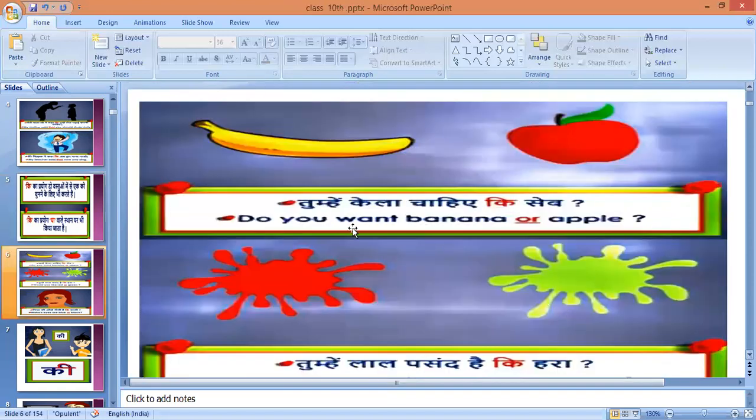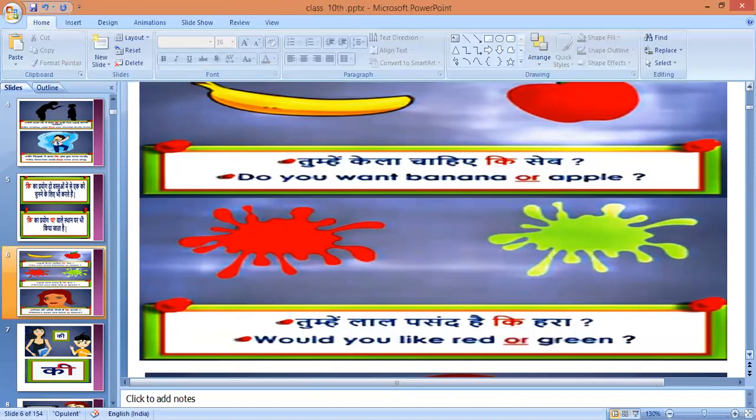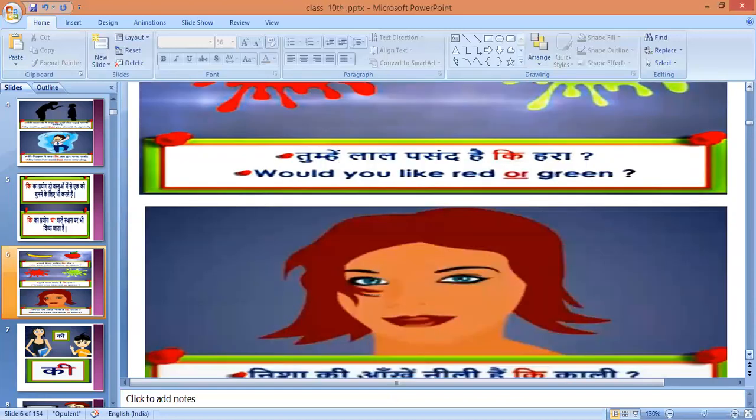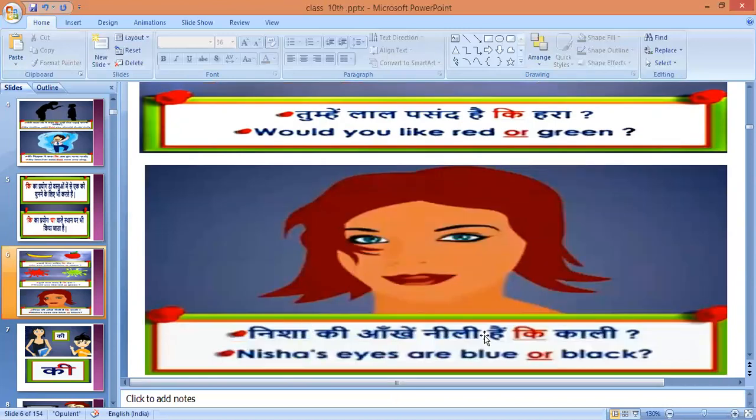तुम्हें केला चाहिए कि सेब? Do you want banana or apple? This is one example used in place of 'or'. तुम्हें लाल पसंद है कि हरा? Which do you like, red or green? Here also it is used in place of 'or'. निशा की आंखें नीली हैं कि काली? Here also this key is used in place of 'or'.